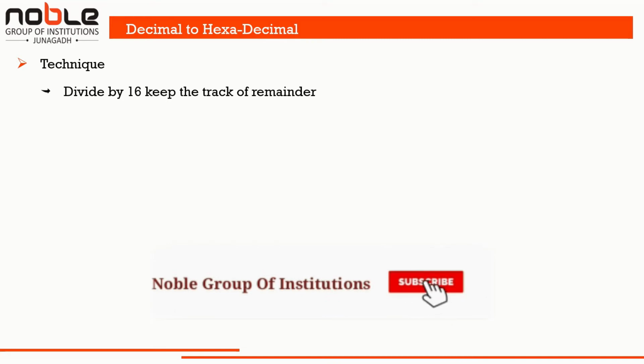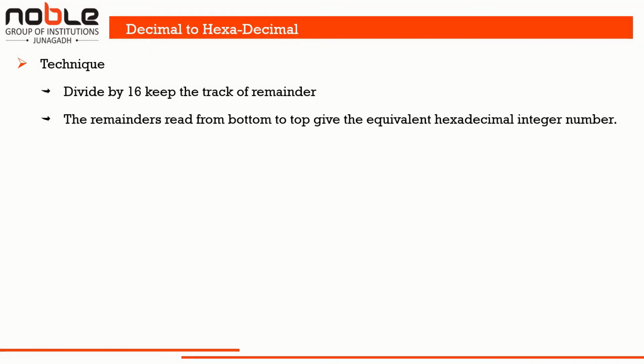Now let's move on to the topic decimal to hexadecimal conversion. Technique: divide by 16, keep track of the remainder. The remainders read from bottom to top give the equivalent hexadecimal integer number.